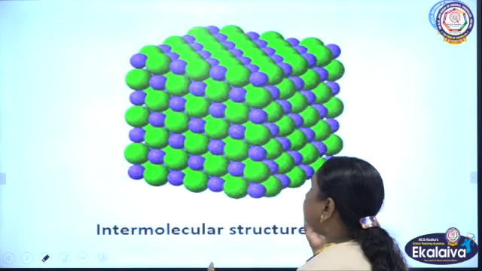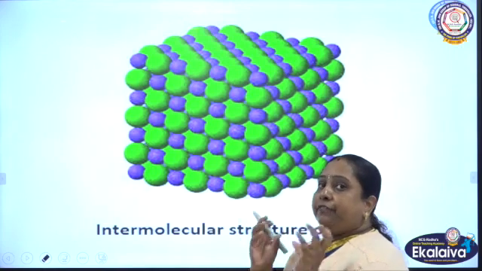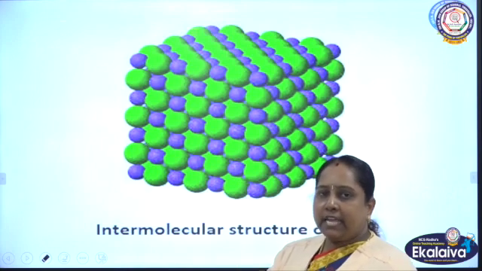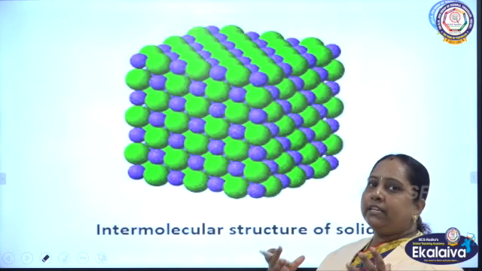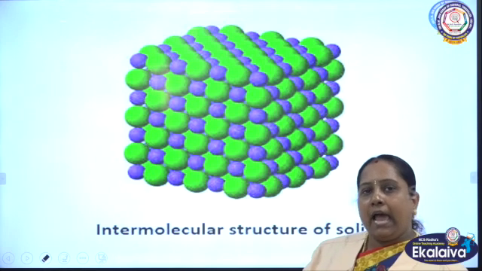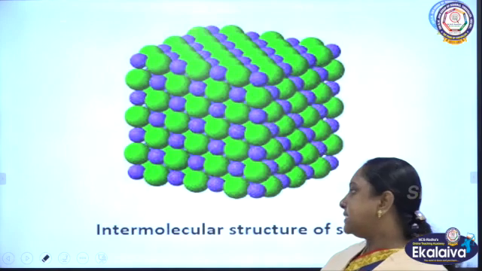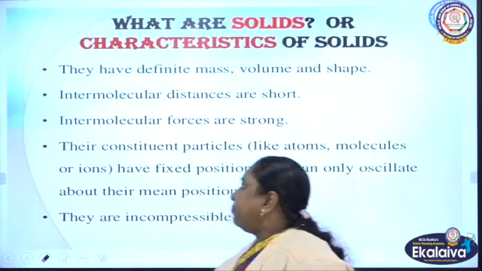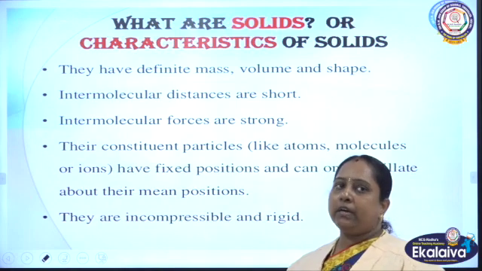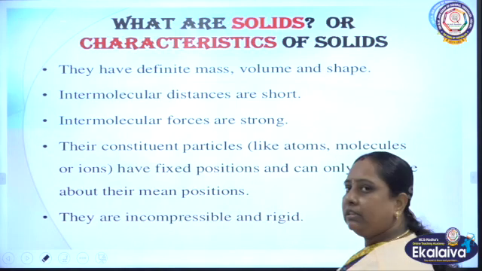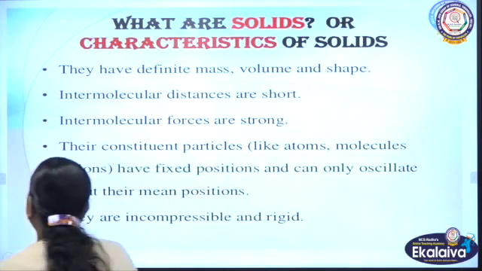The smaller particles are embedded inside the larger particles, which means that if there is space in between, that space will also be occupied by the smaller molecules to make the structure very compact, so it maintains a rigid structure. Some of the characteristics we have already learned in our lower classes. Let us recap all the properties of solids now, the general characteristics.